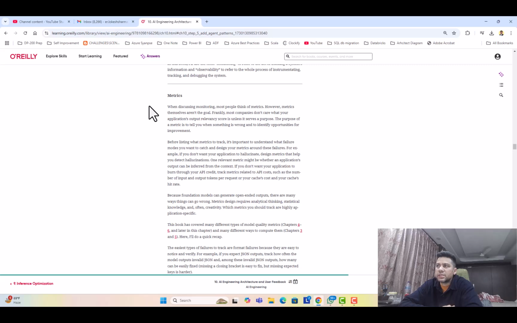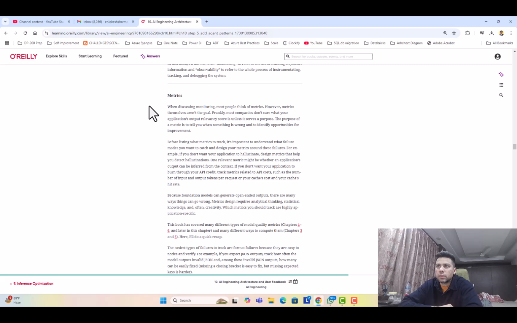So let's say, again, considering the same example of adding audio to our Gen AI application. Now, if I'm trying to search for a song, and I have maybe fired 10 queries, and out of those 10 queries, maybe it has returned the right song 5 times.